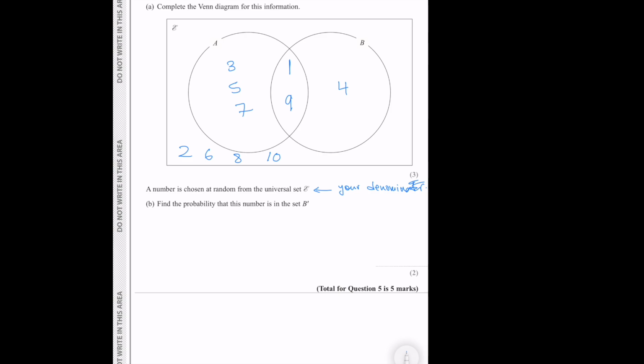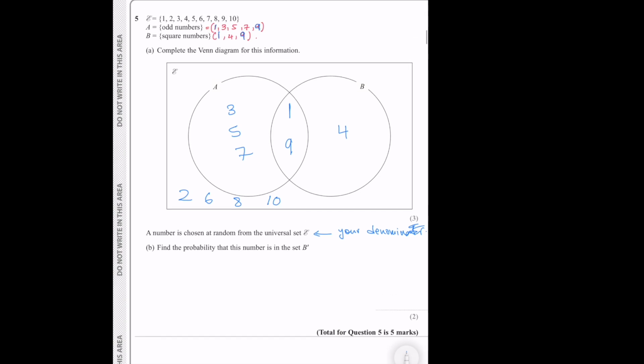So how many numbers is that? 1, 2, 3, 4, 5, yeah, 10 numbers. So that's your denominator. The second line is your numerator.